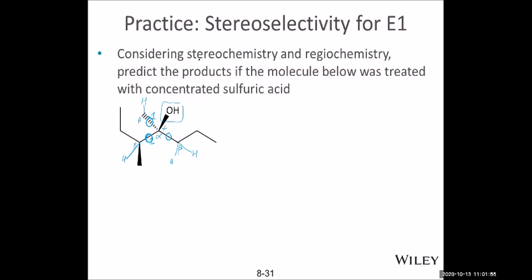So 4 or 5 different alkenes I can get, all possible possibilities. Remember what we learned: the most substituted alkene is most stable. So we need to draw out all the possibilities. Let's start from this, and let's see what we get.